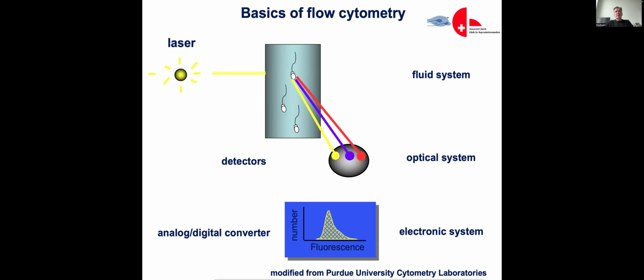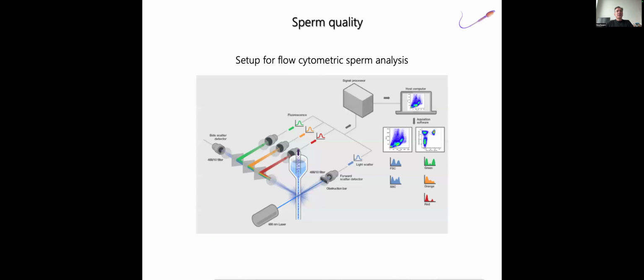And these signals have then to be converted from an analog to a digital signal by using an electronic system. Here's another view of the setup for a flow cytometric system. It's a little bit more complicated.